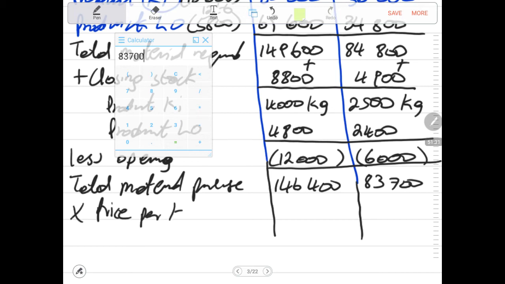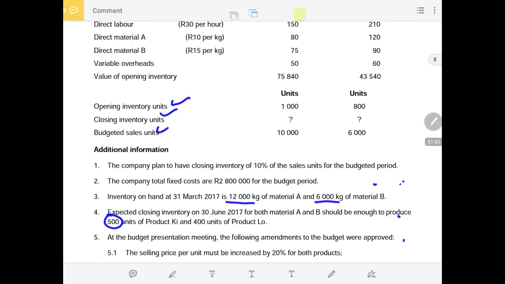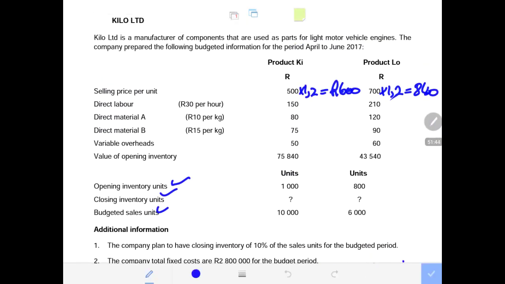Then we multiply now by the price per kg. Our price per kg was 11 rand and 16 rand 50, if my memory still serves me. We said this must increase by 10% and this must increase by 10%.